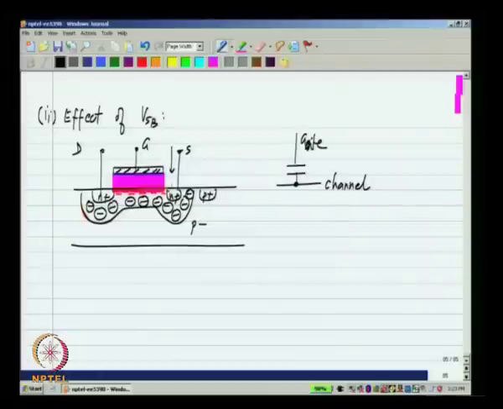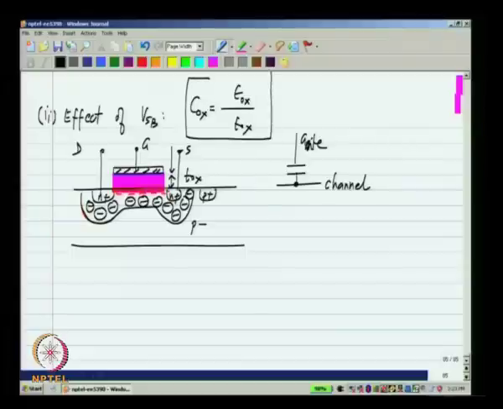Now, the thickness of this oxide is T ox and the capacitance of this per unit area epsilon ox by T ox is what is known as C ox. Okay. This appears in the expression for the current, as you well know. Also on the other side you will have the capacitance of the depletion region, okay, basically the capacitance of this region, right.